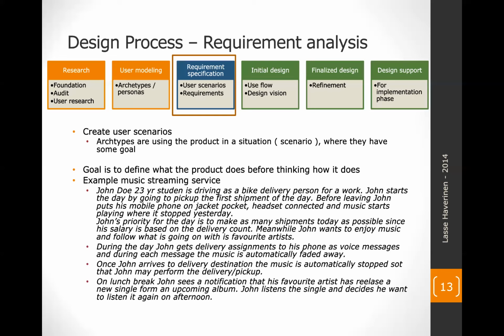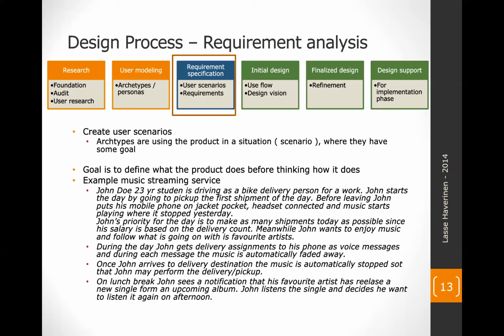So an absolutely critical phase in requirement specification is that you discuss with the people you are creating this product for, the key stakeholders, and everybody should agree that yes, this is what we are doing. This means that the requirements must be written as clearly as possible, and there should be no ambiguous words used. Nothing like the product should work with good enough speed, or it should be easy to use, or it should be faster.